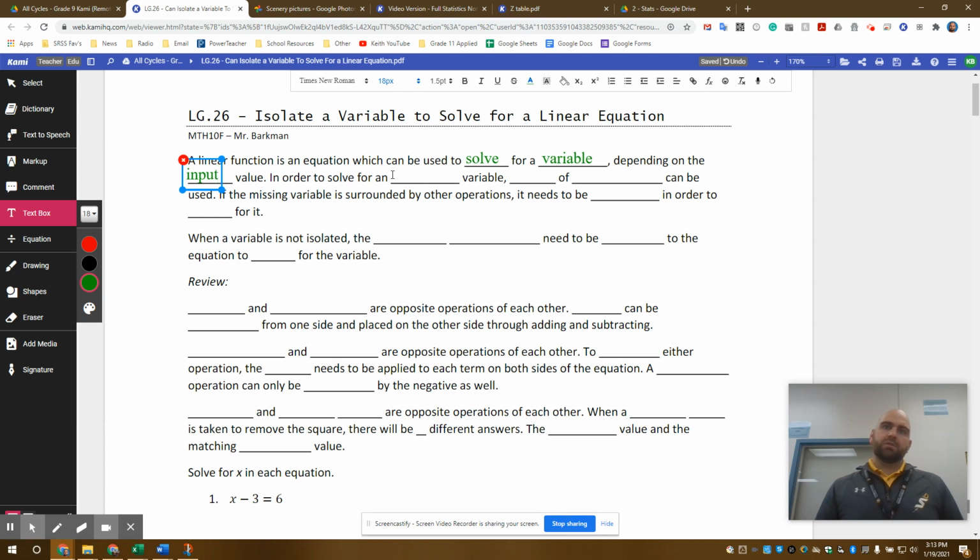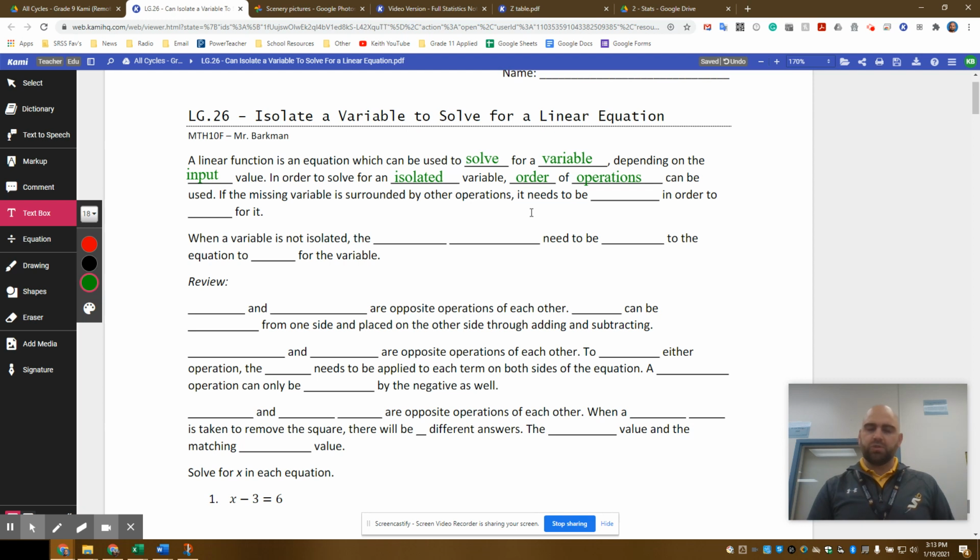Now, in order to solve for an isolated variable, the order of operations can be used. So again, if we're solving for the isolated variable, we just plug a number in for x, solve using order of operations, and we're going to get y.